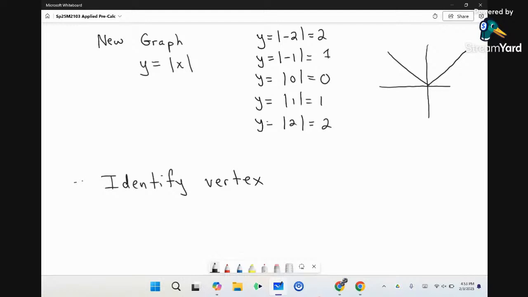In algebra, some graphs have a vertex or vertices. This one does, a sharp point. Where? 0, 0. Next goal, if you can remember that the vertex of absolute value is 0, 0, you're golden.